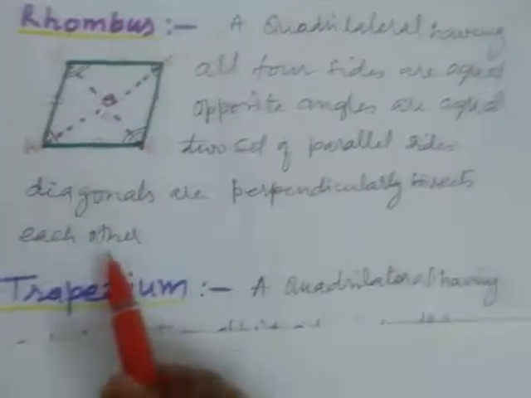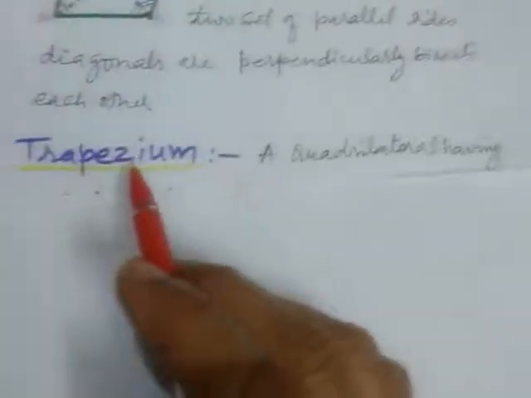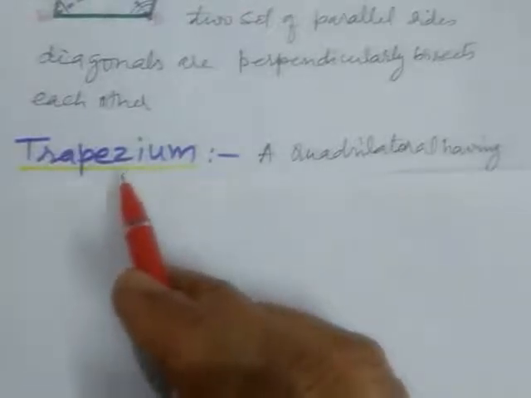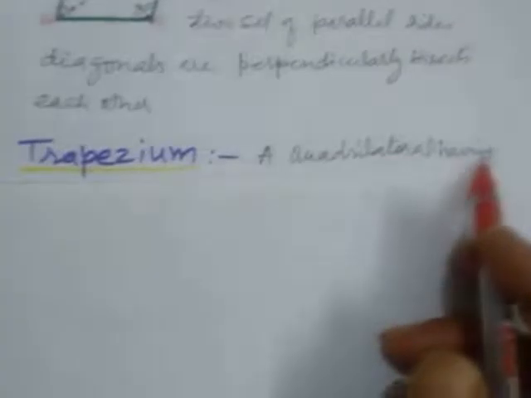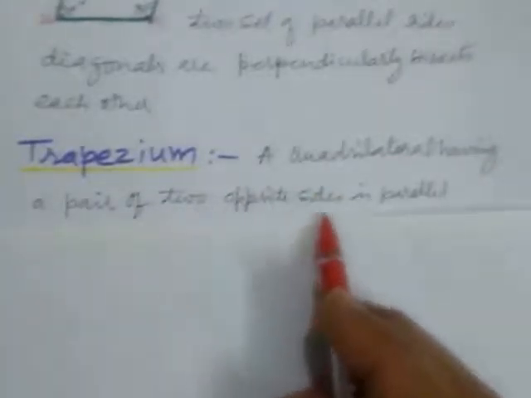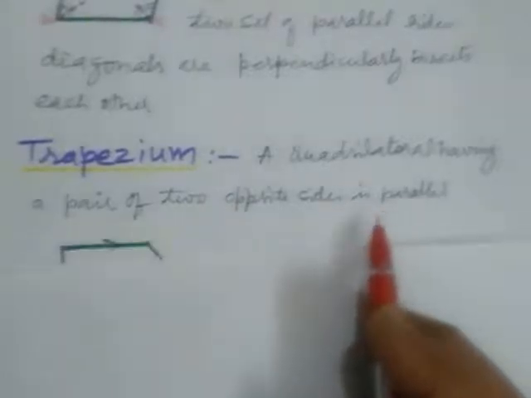Now the next figure of quadrilateral is the trapezium. A trapezium is a quadrilateral having one pair of opposite sides parallel.